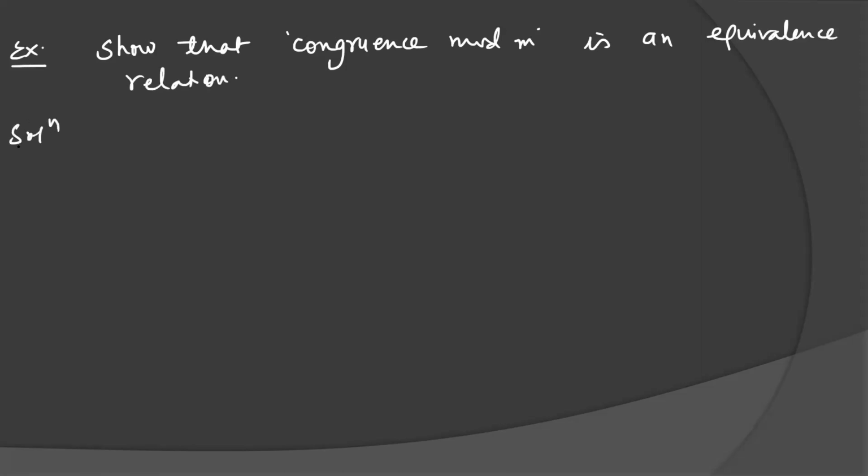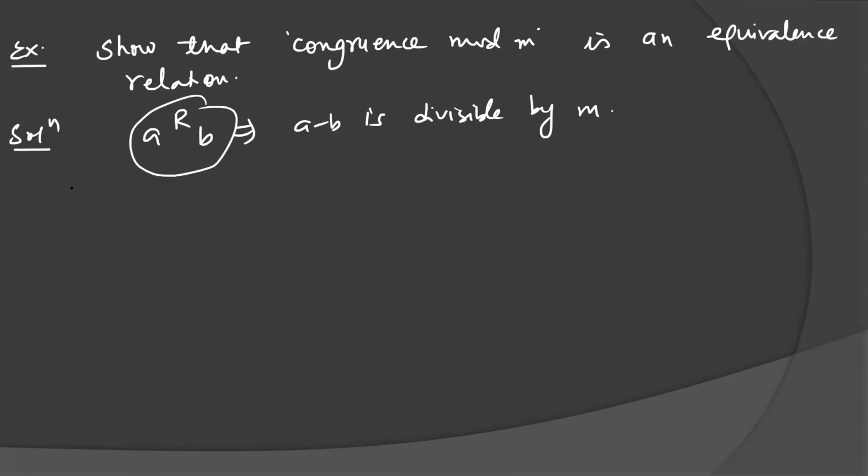So for the solution, you see my equivalence relation. I told you if a is related to b and a minus b is divisible by some positive integer m, then it forms an equivalence relation. I have discussed this problem. This is actually given a related b means a congruent to b. Then the definition is similar to the problem I have discussed in the equivalence relation lecture.